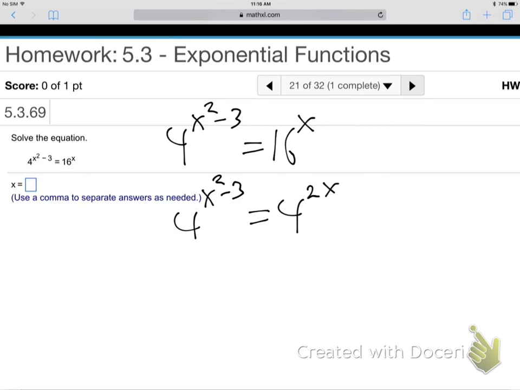Sixteen's 4 squared. Like that, we get to there. Bases are the same, cut them out. So step 1, bases equal. Step 2, powers equal.